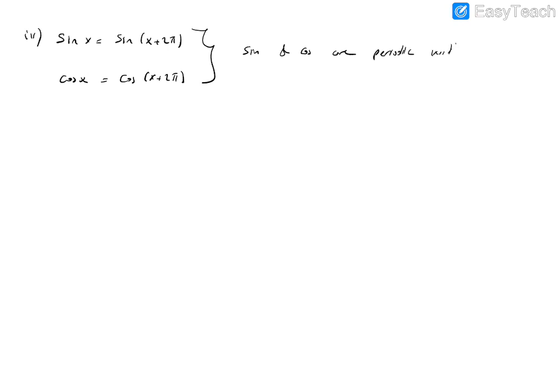So let's write that fact. Sine x equals sine of x plus 2 pi, and cosine x equals cosine of x plus 2 pi. So this means sine and cosine are periodic with the period 2 pi.